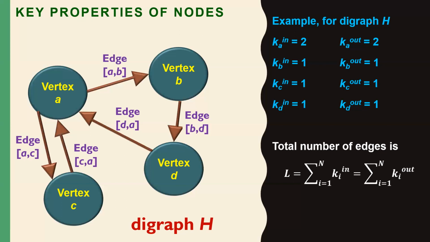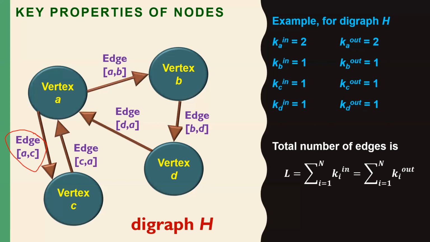Say the vertex A, the edge AC will be counted only once as an incoming edge. If I count the incoming degrees of all the vertices in the graph, then AC will only be counted once.